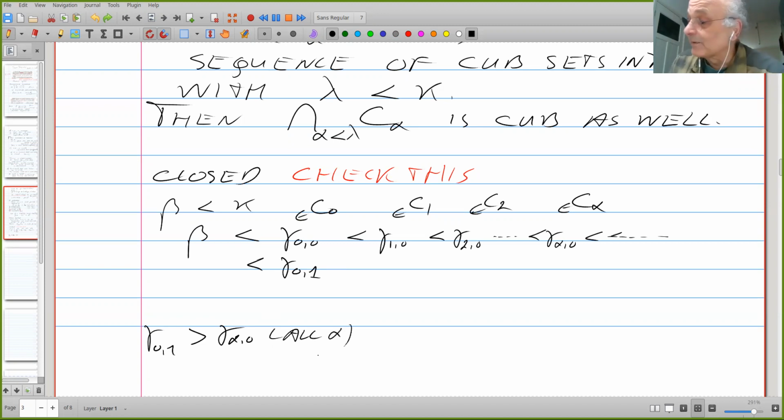And that is possible because kappa is regular and bigger than lambda.